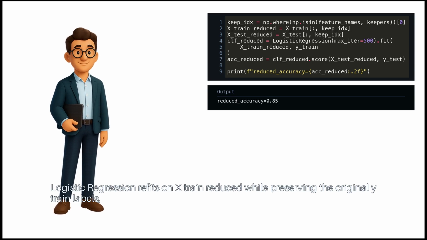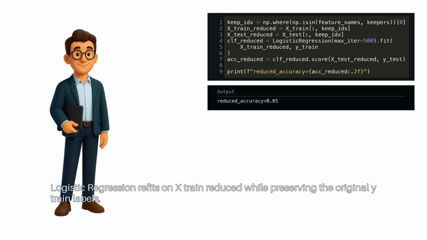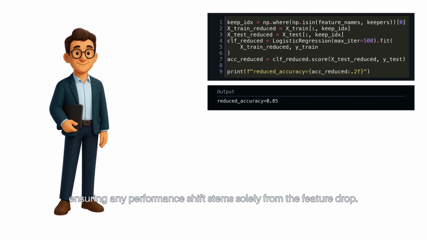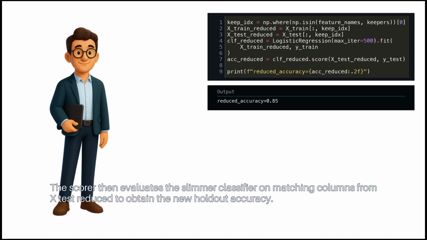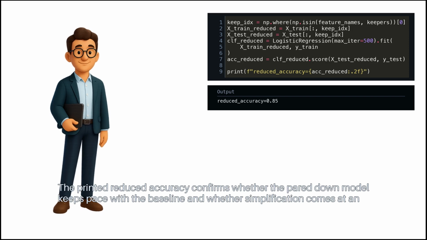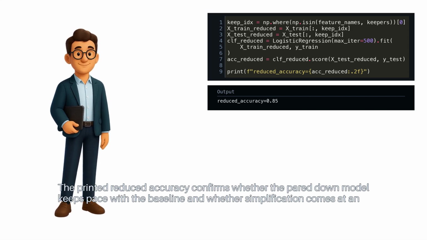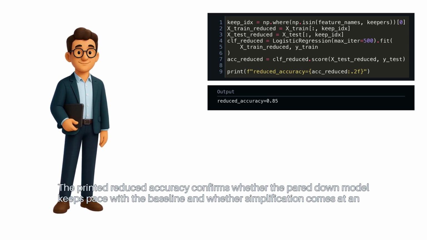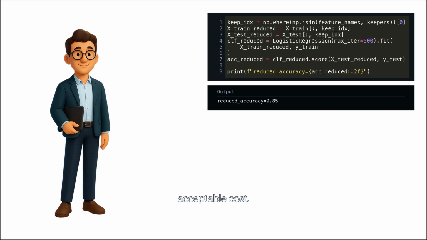LogisticRegression refits on X-train reduced while preserving the original y-train labels, ensuring any performance shift stems solely from the feature drop. The scorer then evaluates the slimmer classifier on matching columns from X-test reduced to obtain the new holdout accuracy. The printed reduced accuracy confirms whether the pared down model keeps pace with the baseline and whether simplification comes at an acceptable cost.